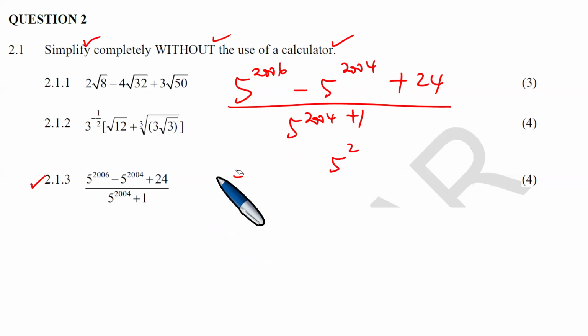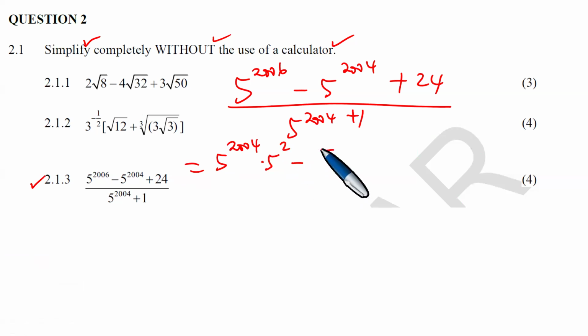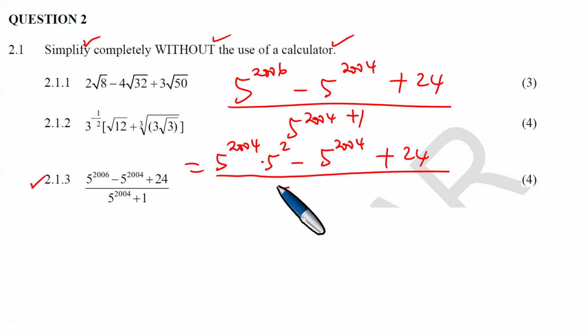Let me write a bit more steps: 5 to the power 2004 times 5 to the power 2, plus 24, divided by 5 to the power 2004 plus 1. Because this is 2006, you can add the powers 4 plus 2, 6.